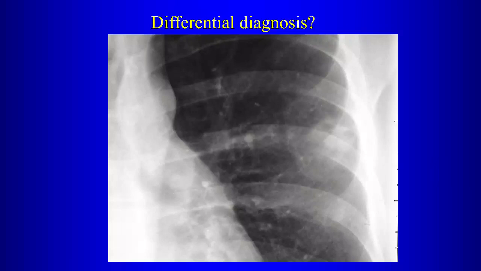So what else is in your differential for a cavitary nodule? Infarct? Yeah, if you have a PE with an infarct, but more likely than that would be what? So TB, although this is one isolated lesion in the left mid-lung, but TB certainly is always in your differential for cavitary lesions. What else?